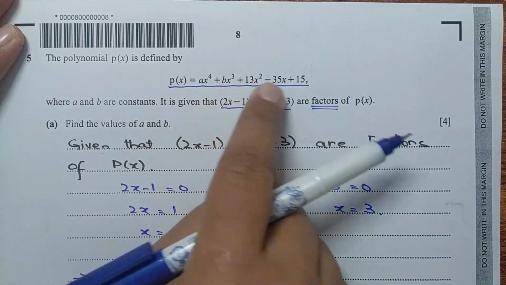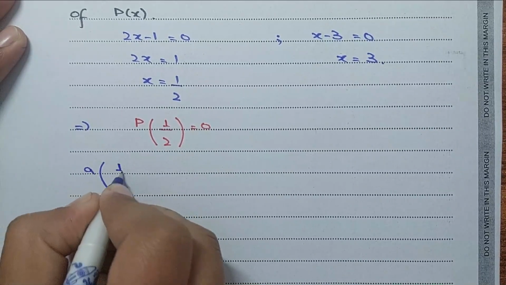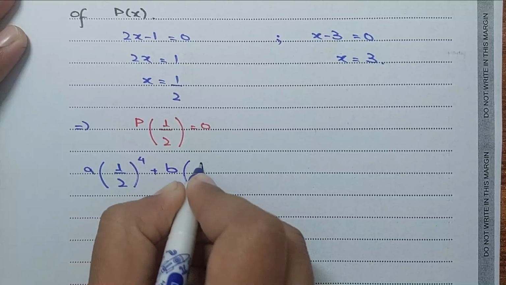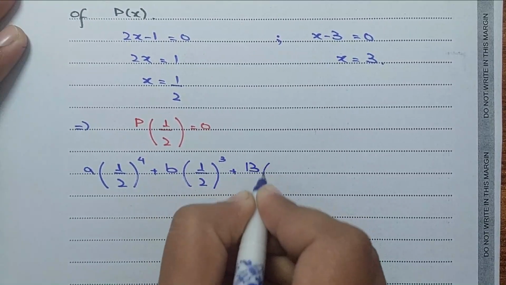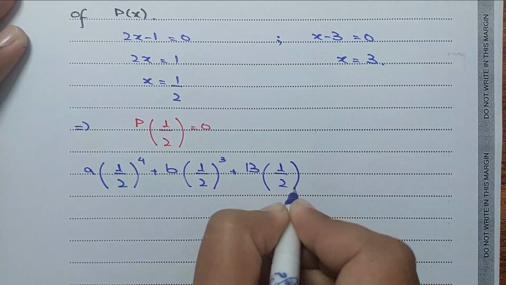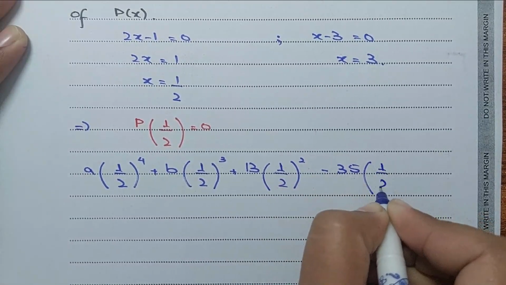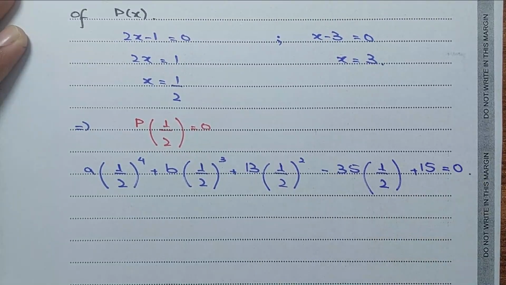Now just substitute in the polynomial p of x. X is replaced with 1 by 2 everywhere, right? A, 1 by 2 to the power 4, plus b, 1 by 2 to the power cube, plus 13, 1 by 2 square, minus 35, 1 by 2, and plus 15. This would be equal to 0, right?